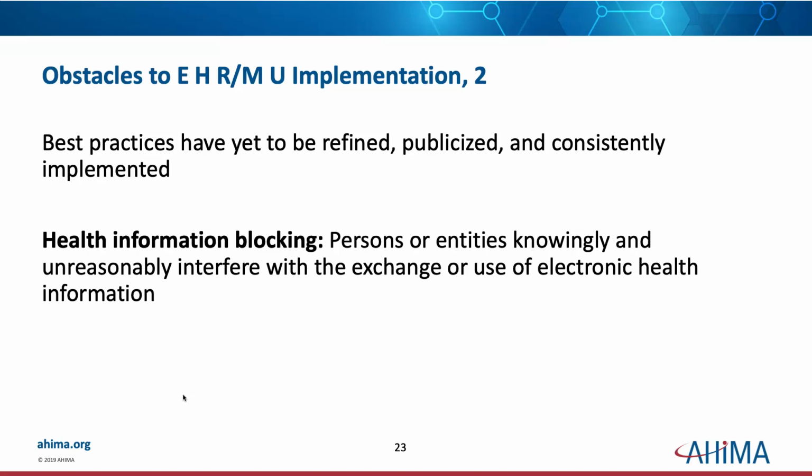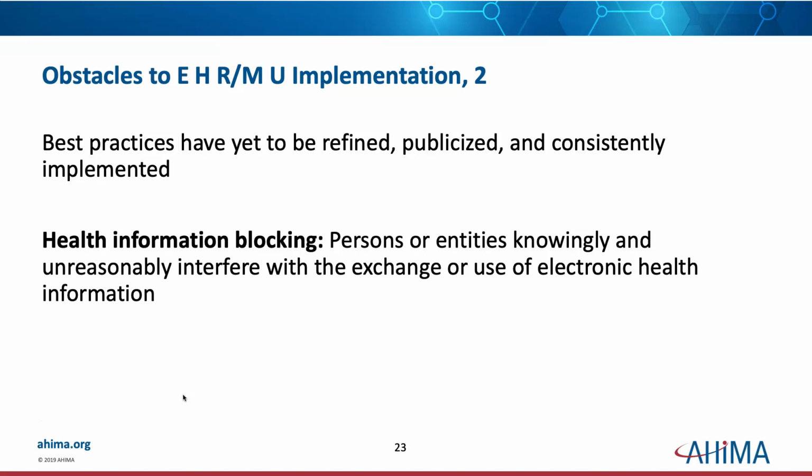And then there's also the topic of health information blocking. This remains a bit of a challenge as well. Health information blocking is when a person or an entity like a vendor knowingly or unreasonably interferes with the exchange or use of electronic health information.